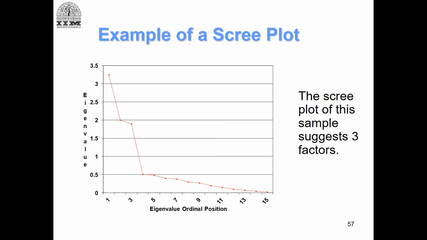On the y-axis, eigenvalues are plotted. On the x-axis, factor numbers are plotted. The first factor has an eigenvalue of greater than 3. The second factor has an eigenvalue of 2. The third factor has somewhere about 1.9 and so on. The fourth factor has about 0.5.